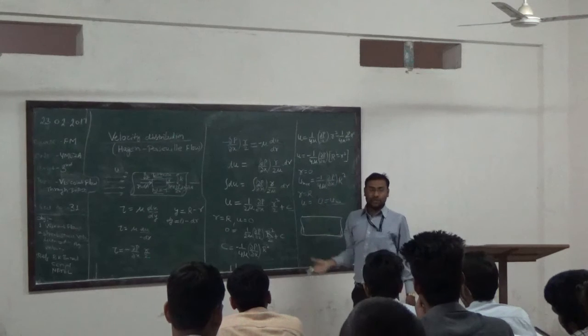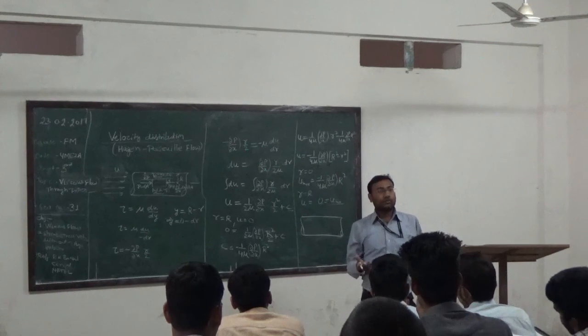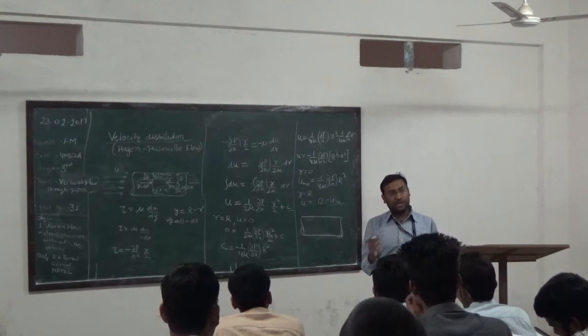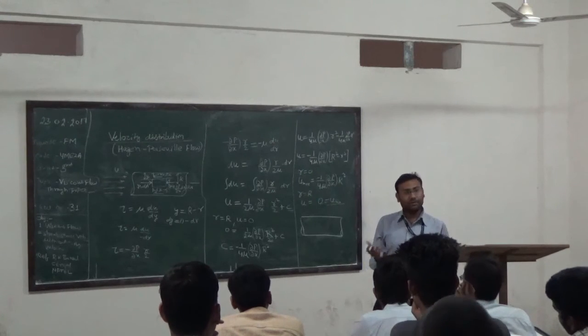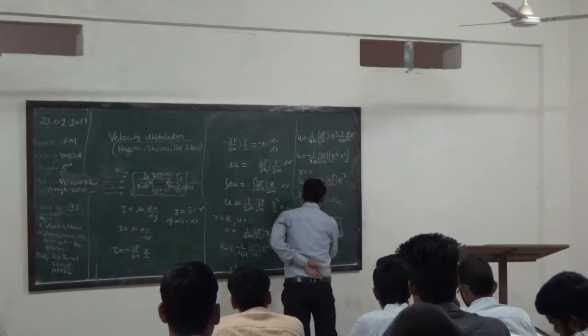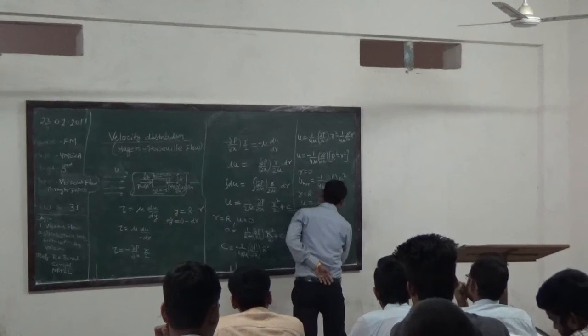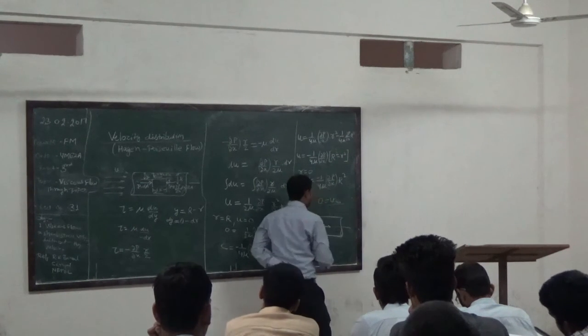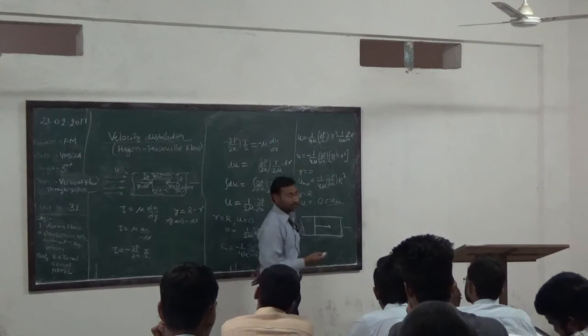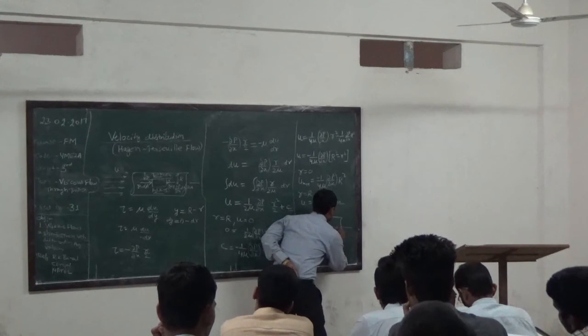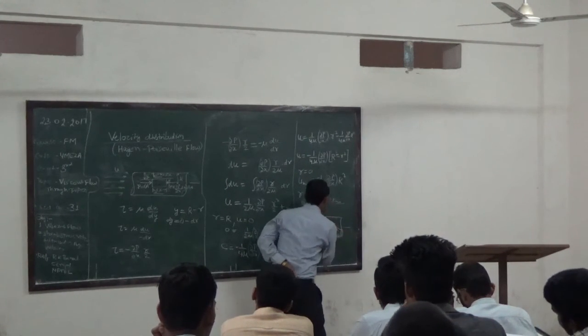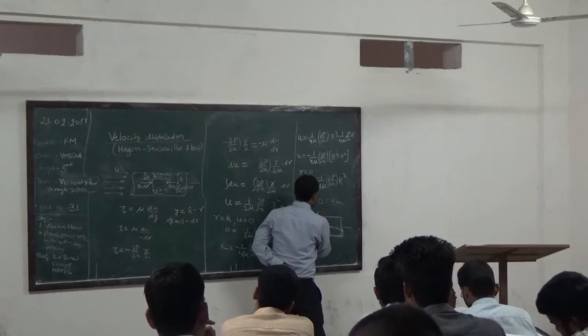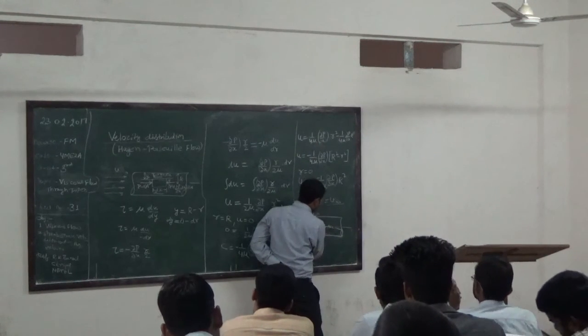It means it is an equation of a parabola, so the distribution of velocity is parabolic in nature. At the center, velocity is maximum, u equals u max, and at the surface u equals 0.